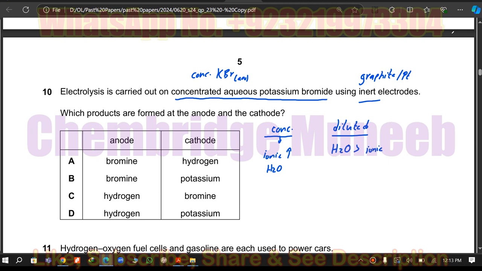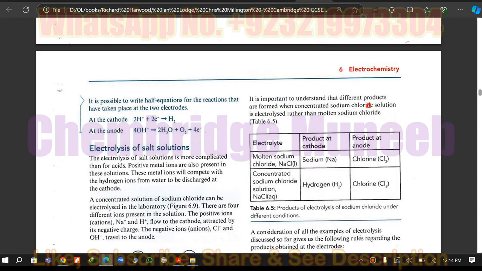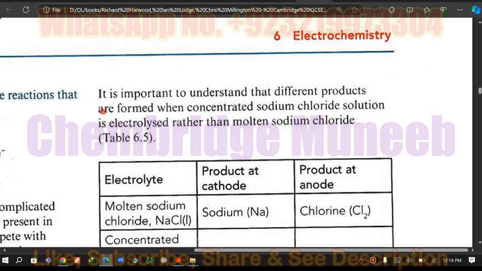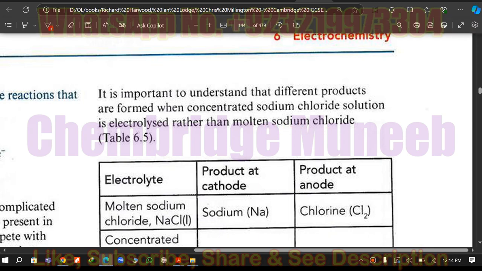So we can also see this in the reference book, that it says it is important to understand that different products are formed when concentrated sodium chloride solution is electrolyzed rather than the molten sodium chloride. They are taking the example of the sodium chloride instead of the potassium bromide.